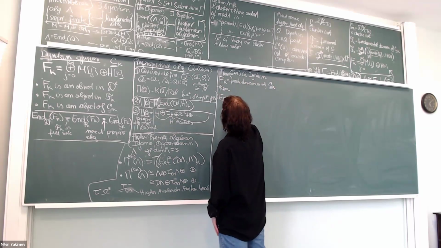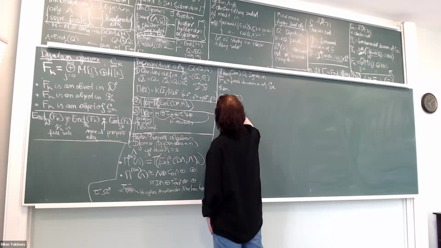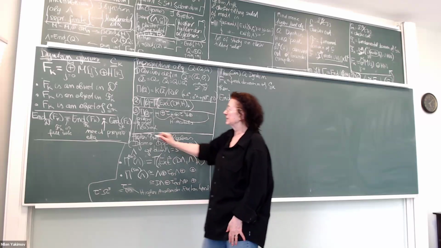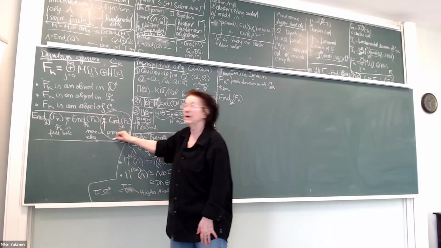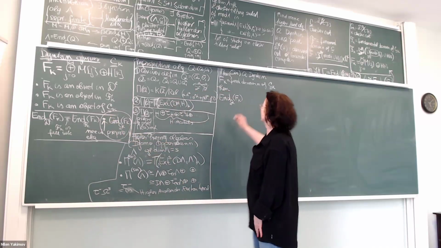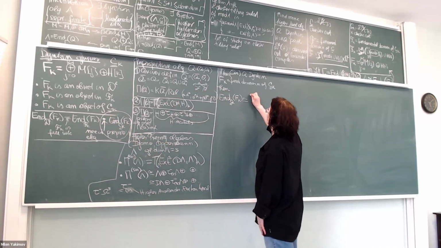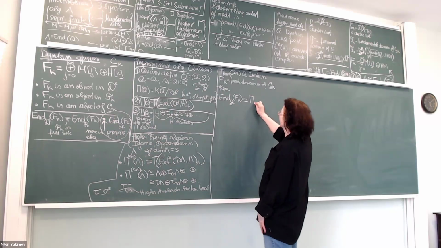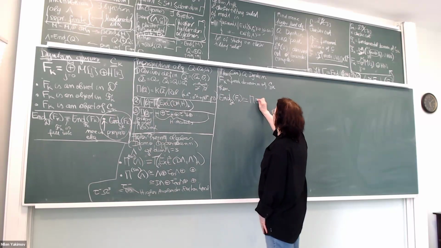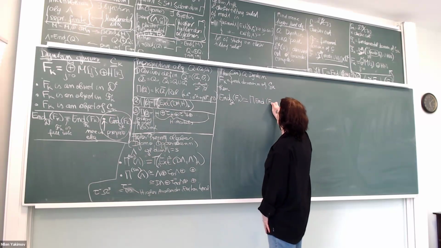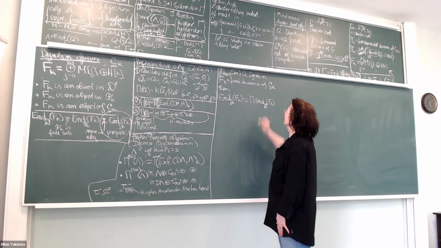the endomorphism algebra of Fk, when viewed as an object in Ck, is actually isomorphic to the preprojective algebra of the same entity, but now over the derived category.